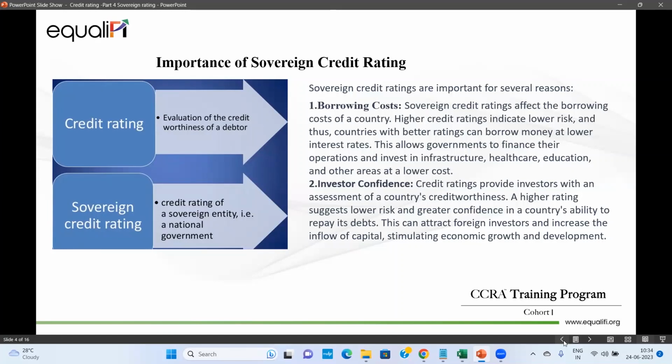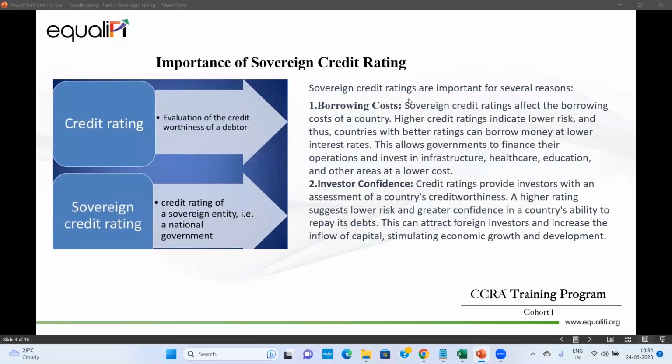Second thing, when the sovereign rating is good, obviously better rating means borrowing cost will be less. So for an example, if your CIBIL score is 750 plus, you will get a loan at a lower rate of interest. What is lower rate of interest? It is borrowing cost, right? Similarly, my score is say around 650.